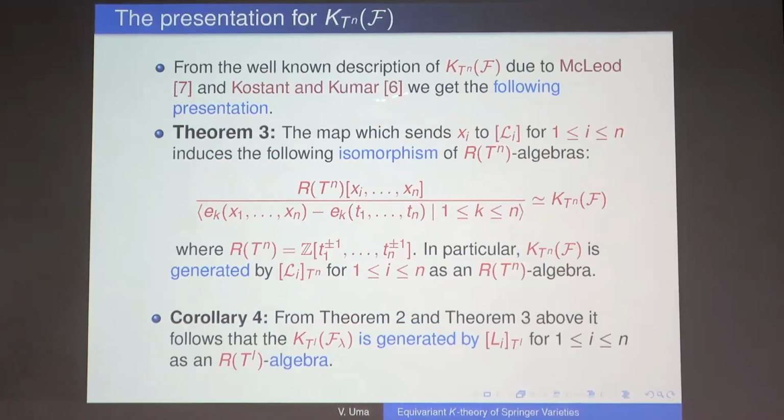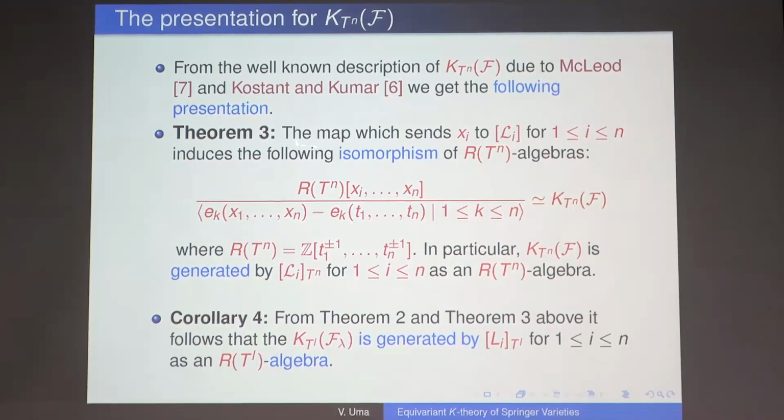So now we can also recall the fact about the structure of the TN equivariant K-ring. This is one of the Springer varieties, but the full flag variety is well studied, and its TN equivariant K-ring is known, studied by many people, McLeod and Kostant and Kumar.